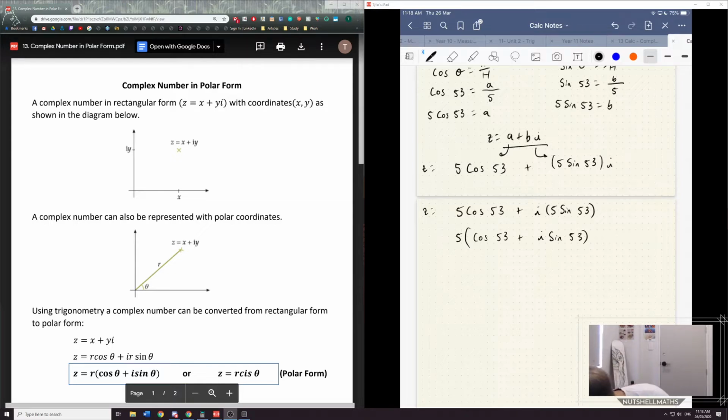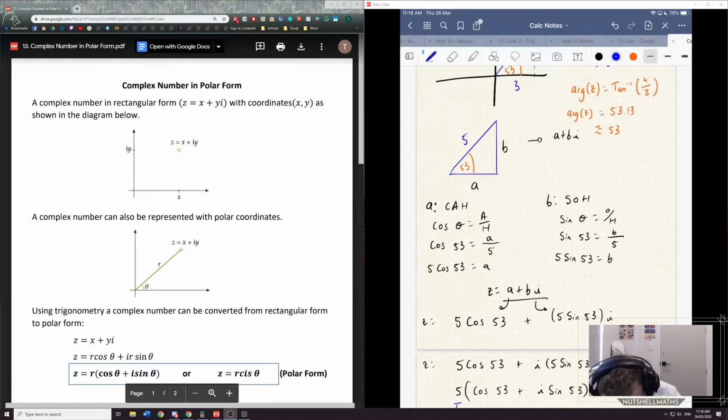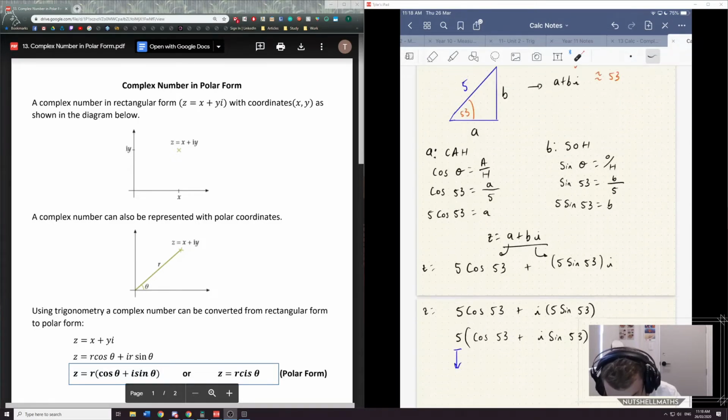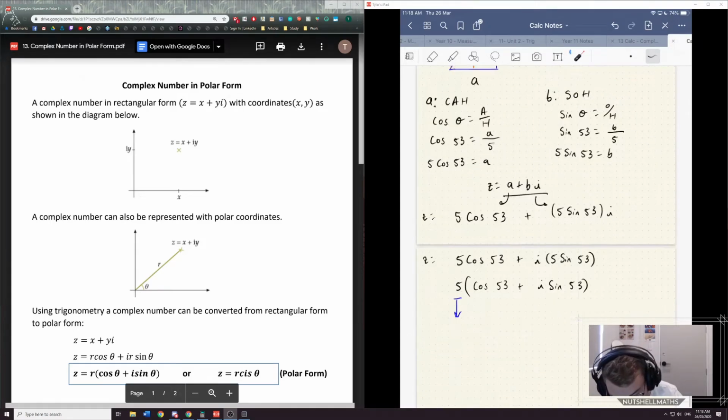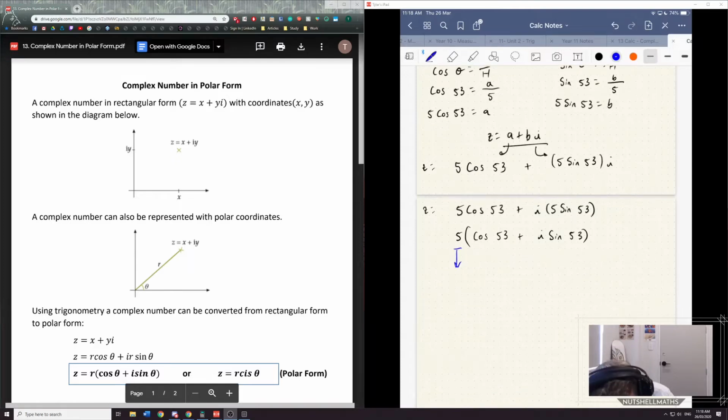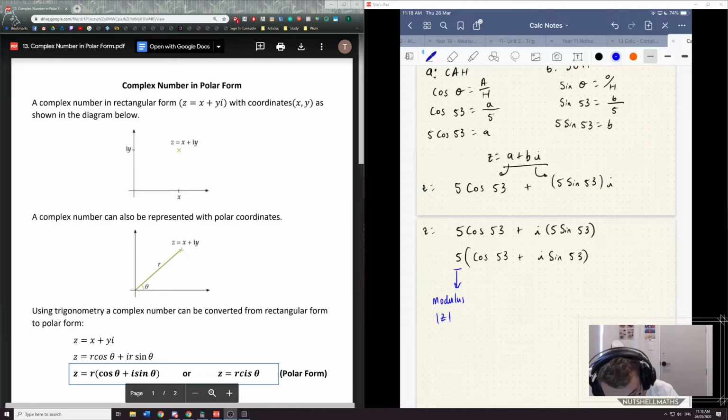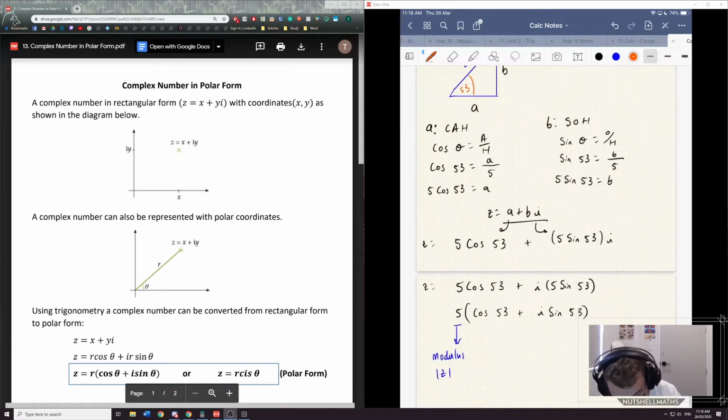This is year 13. Right. Now, what I want to do is have a look at this. This piece here, when we went back and had a look, this was the argument. No, sorry, not the argument, the modulus. This was the modulus of Z. And how about this 53?